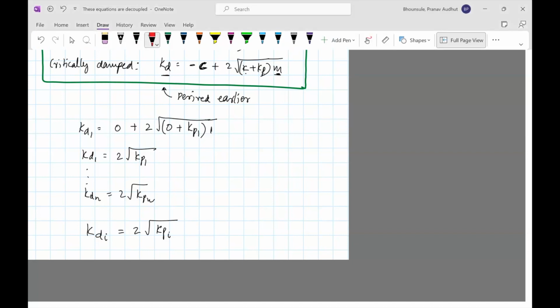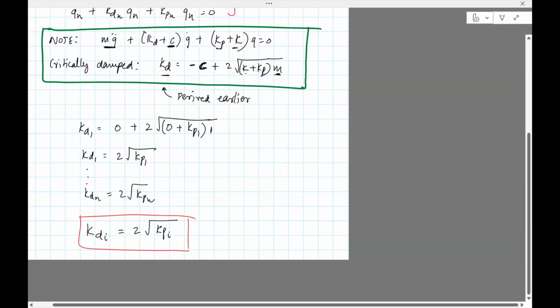As long as you choose kdi to be this 2 square root kpi, you will ensure that all the degrees of freedom, 1 all the way to n, are all critically damped. So this is the thing which will drive the control. Now we will choose that critical kd and then do some simulations.